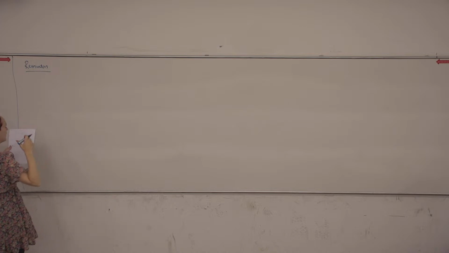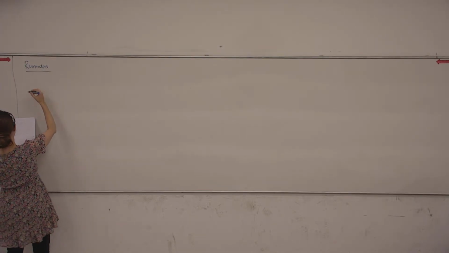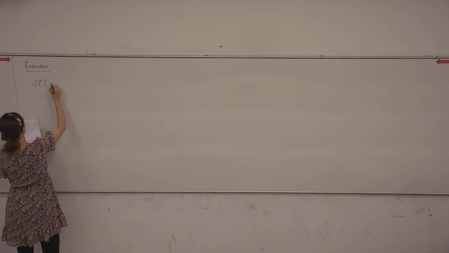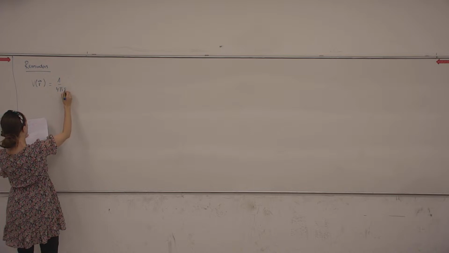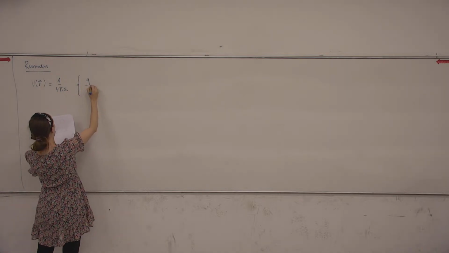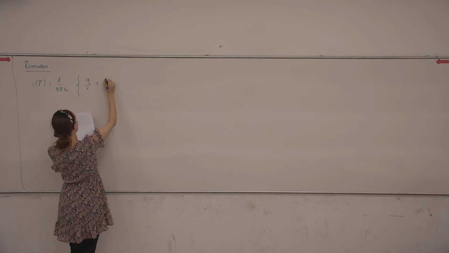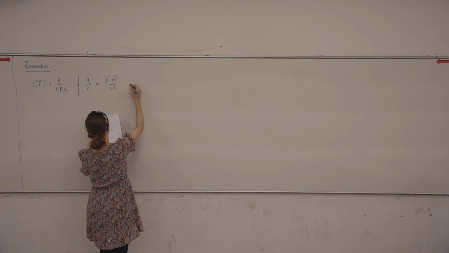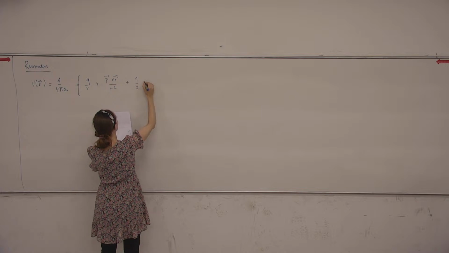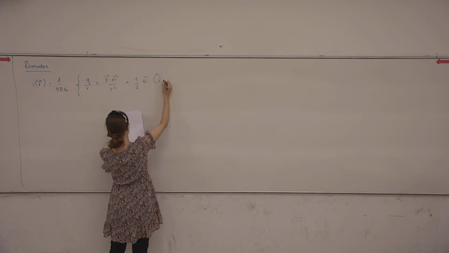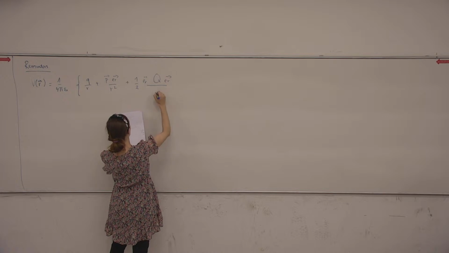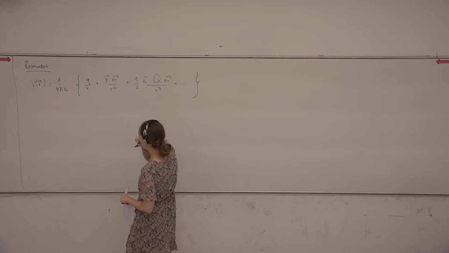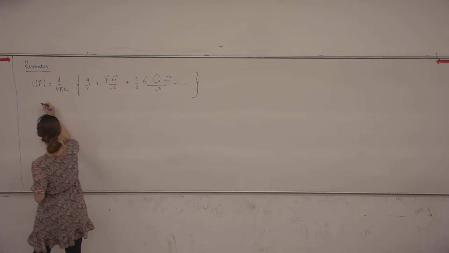We saw that in any situation we can write the potential in the following form: 1/4 pi epsilon 0, q over r plus p dot e_r over r squared plus half of e_r dot Q dot e_r over r cubed, etc., etc. So this is the general case.